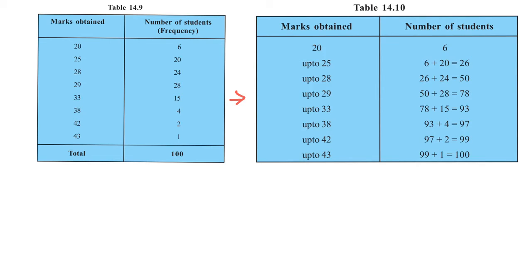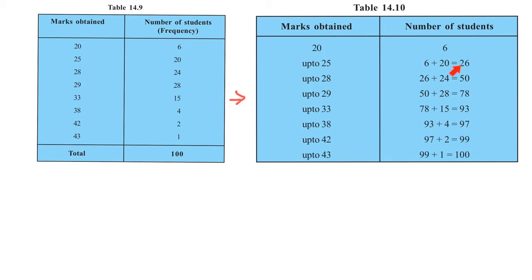Now let's look at the table. From here we go on to this table. Marks obtained: how many students obtained 20 marks? It is 6 students. How many students obtained marks up to 25? 20 students obtained 25 marks and 6 students obtained 20 marks, so up to 25 marks it is definitely 20 plus 6, 26.